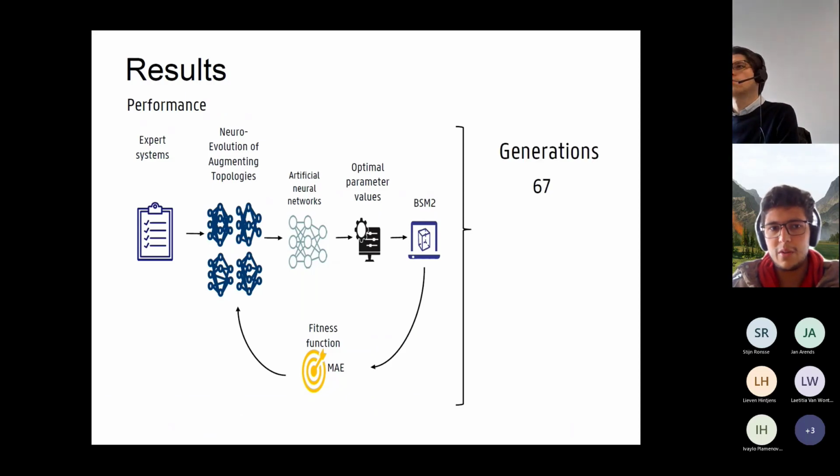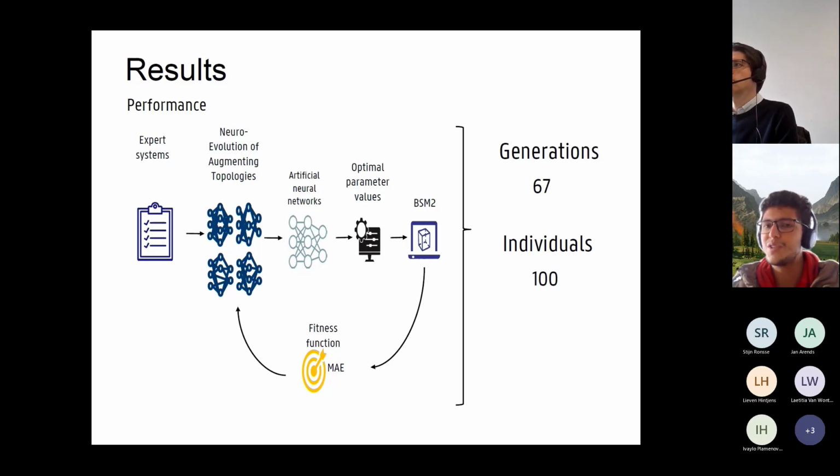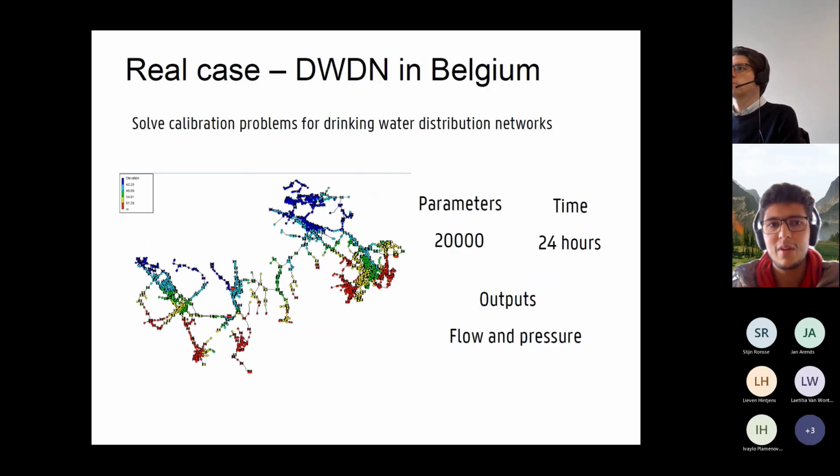But I would like to show you how many generations we spent. We spent 67 generations with 100 individuals. That is 6,700 simulations, which is not all the combinations that I probably showed for the dummy example. And this took approximately 2 days, because the model takes around 5 minutes to run on my personal computer, so that is not that good.